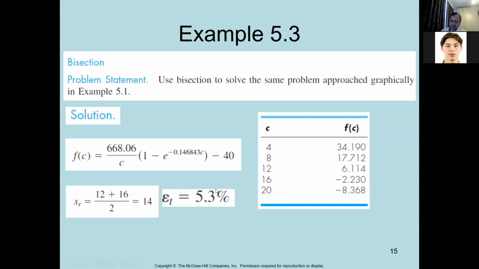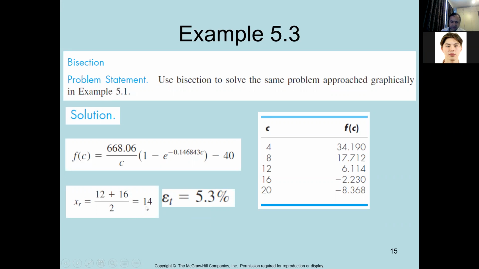So the true percentage error is 5.3% in this case. Normally you will find the absolute percentage error, but that we can do in some other examples. In this example we show it with the true percentage error.